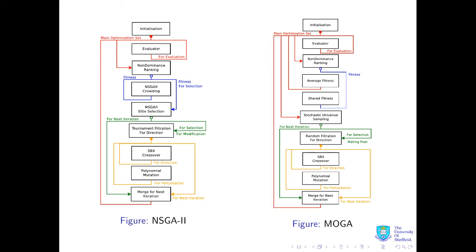It has operators such as average fitness, shared fitness, and stochastic universal sampling, but they both share the same principle that you should create a child population, and so they use similar operators. Although NSGA-II uses tournament selection, and MOGA uses a random approach.